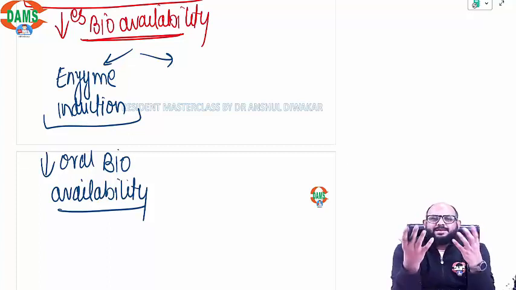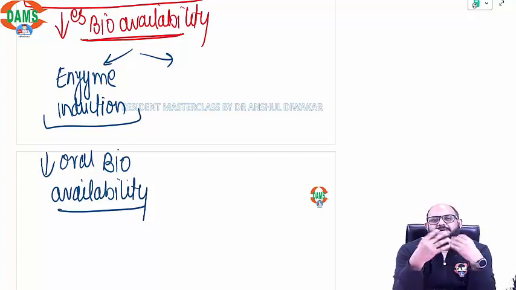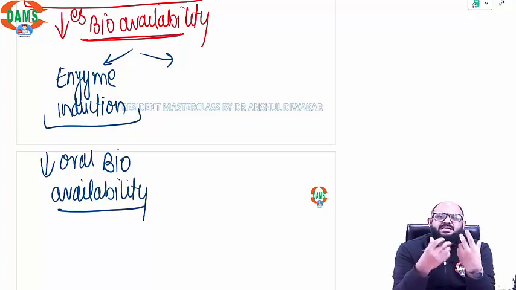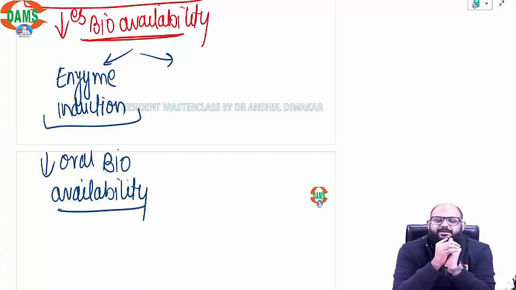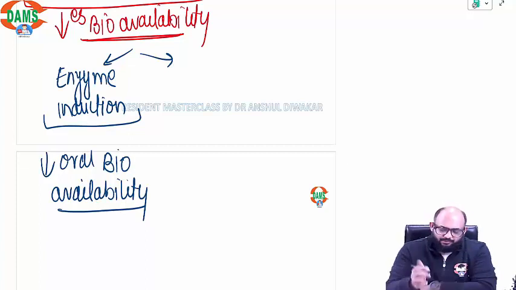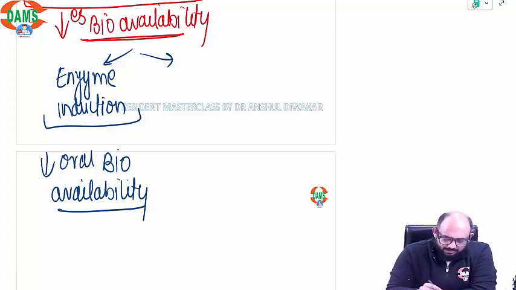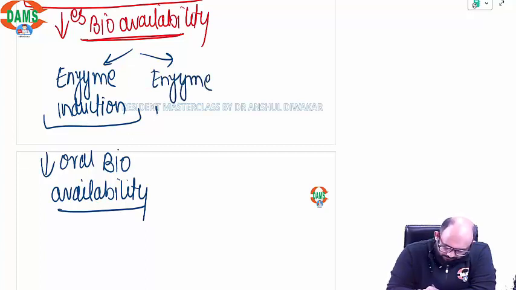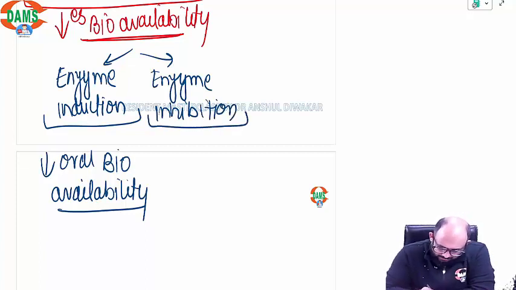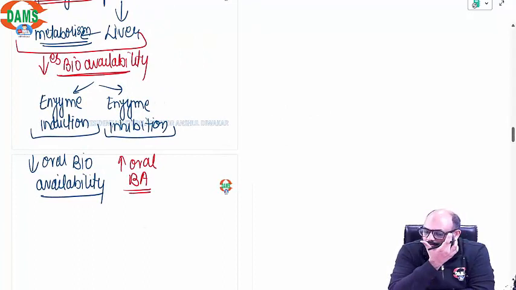Because if there is enzyme induction, then the first pass metabolism will increase. If the first pass metabolism increases, then automatically oral bioavailability decreases. Enzyme inhibition will increase oral bioavailability.